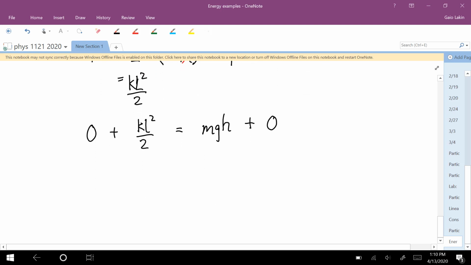And we're solving for h. And so h is equal to KL squared over 2mg.